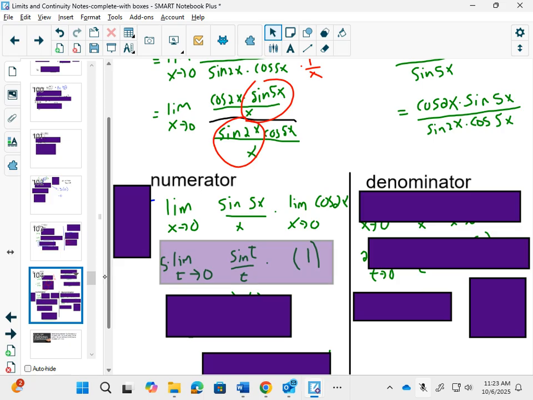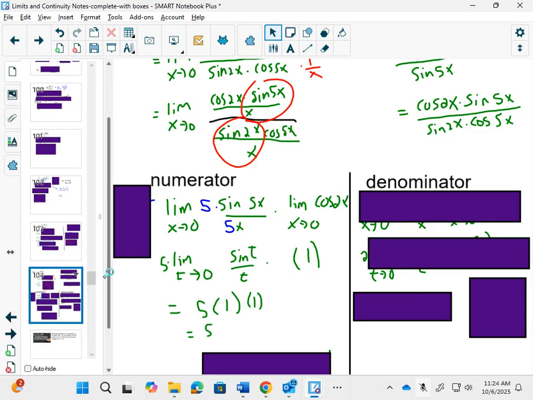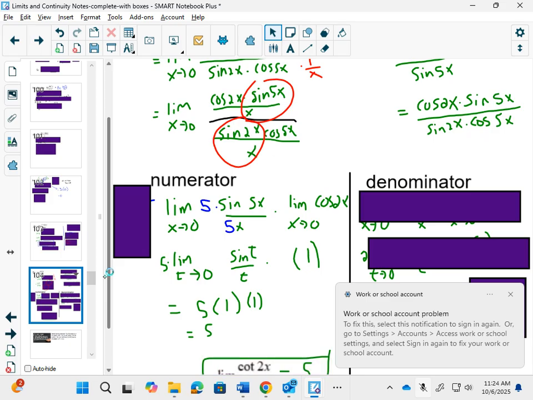What do I want with that sine 5x? Technically, I want a 5 here, right? So that it for sure matches up with the 5x and the 5x, which means I would need a 5 up there. This limit is going to equal 1, because as x goes to 0, cos of 0 is 1. And you just get the top part to be 5.